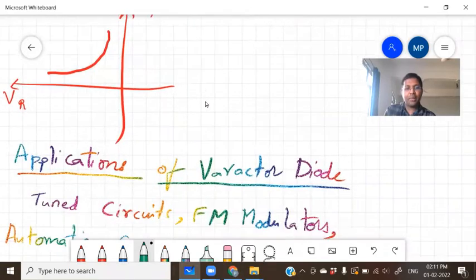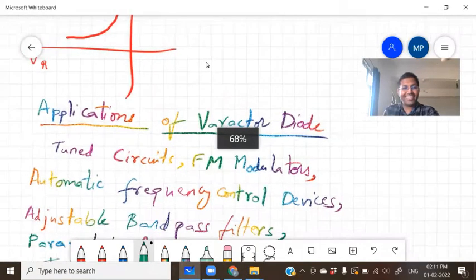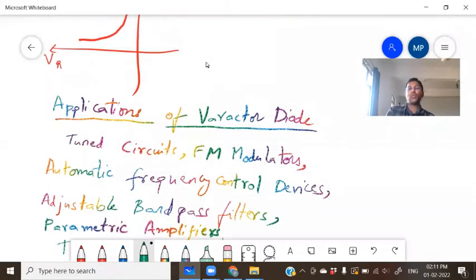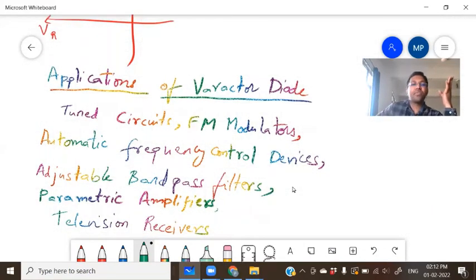Okay. Applications of Varactor diode, because of its ability to control capacitance by using voltage, is useful in tuned circuits, FM modulators, automatic frequency control devices, and adjustable band pass filters. Okay, right?